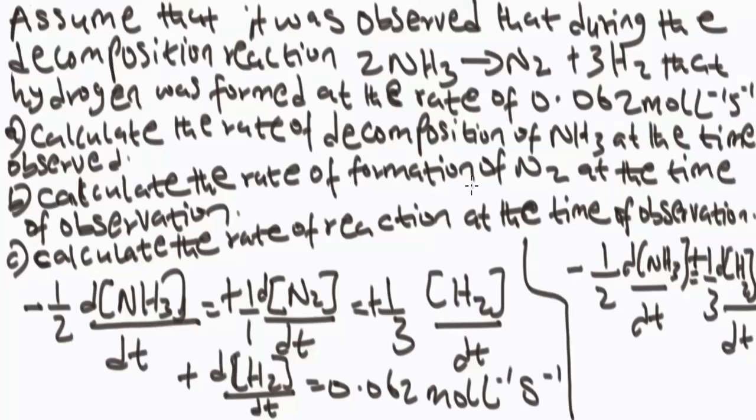we are going to divide both sides by minus 1 over 2, so this will cancel this.